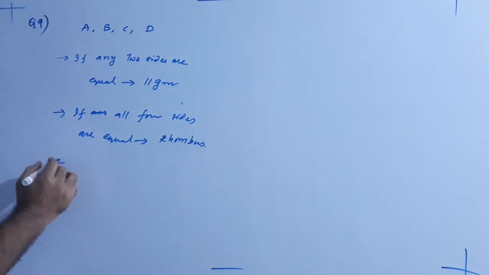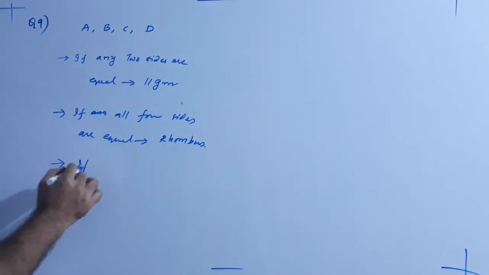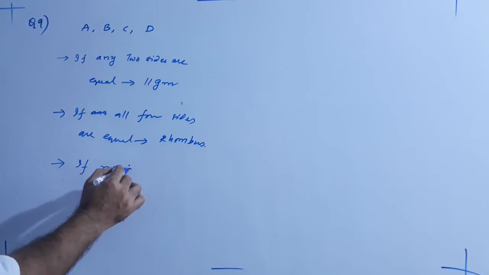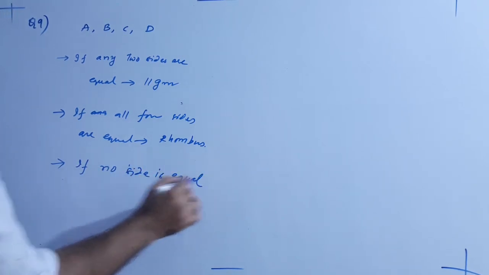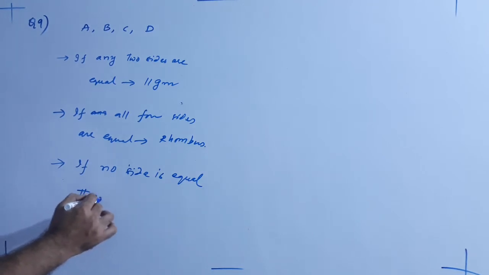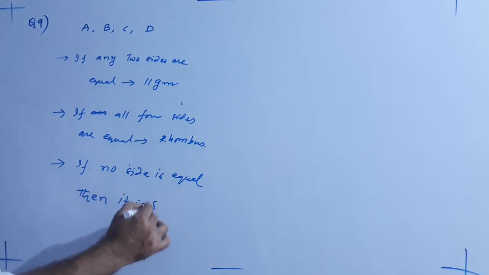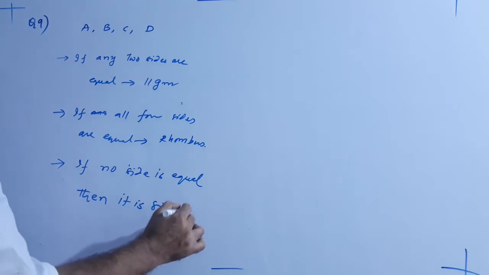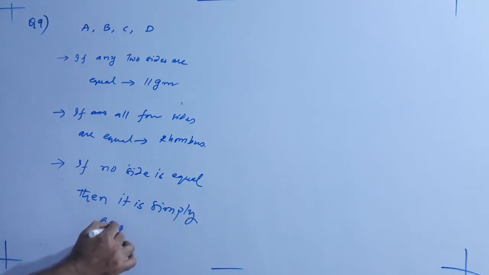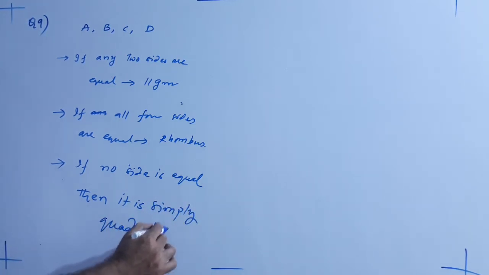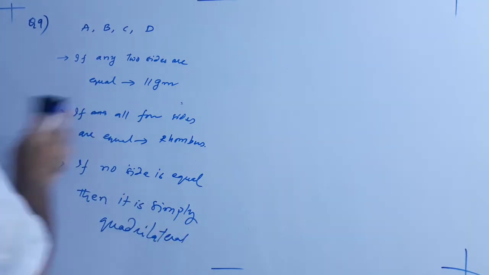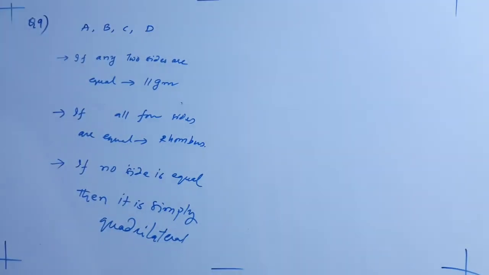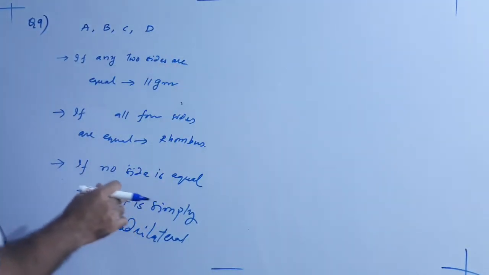If no side is equal, then it is simply a quadrilateral. So these are the three conditions. You have to follow these three conditions and then solve the problem.